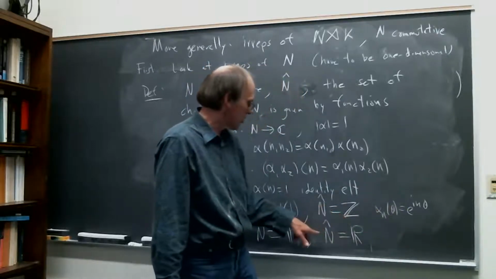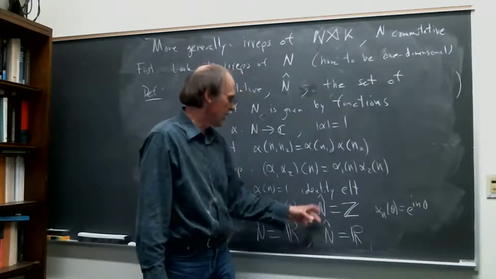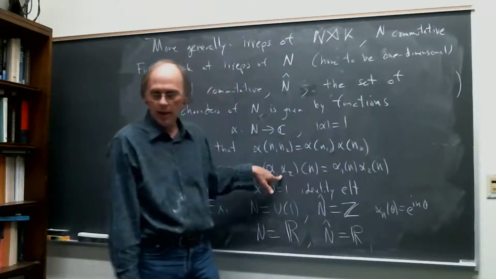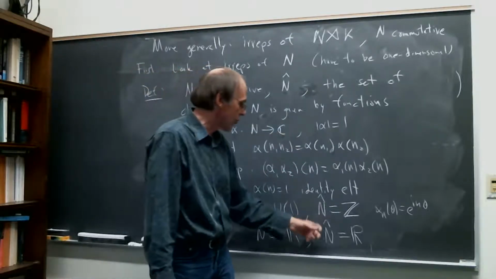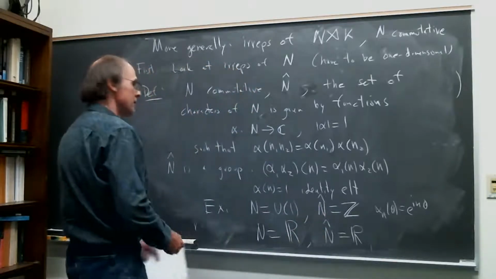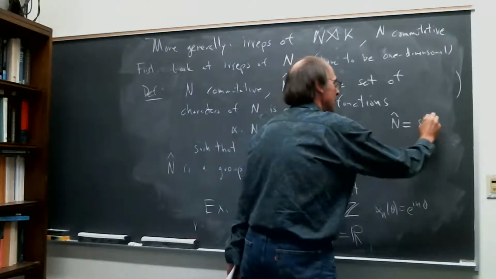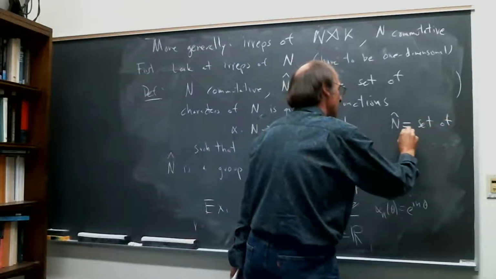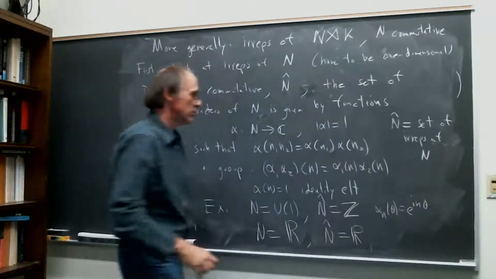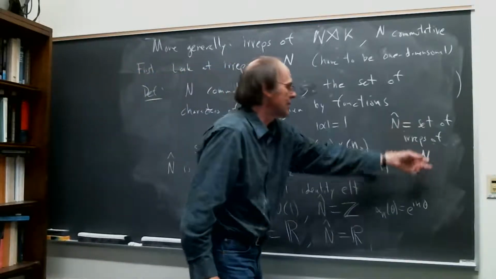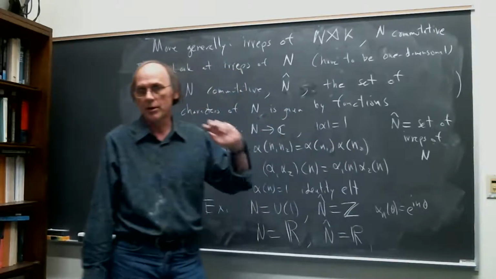And again, what you should notice is that if you look at this definition, for irreducible representations, which are one-dimensional for commutative groups, the character group is really the same thing as the set of irreducible representations. These things give you irreducible representations, and all irreducible representations you can find this way.